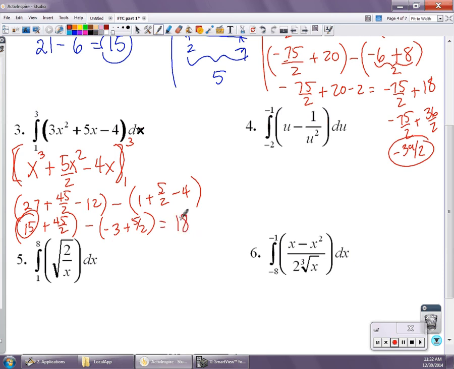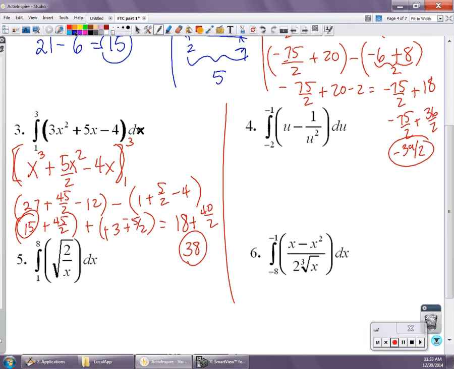So I did the change. 45 minus 5 gives me 40 over 2, and that's positive 40 over 2, which is 20. And 20 and 18 gives me 38. You just got to be careful. And hopefully I didn't make an arithmetic error.